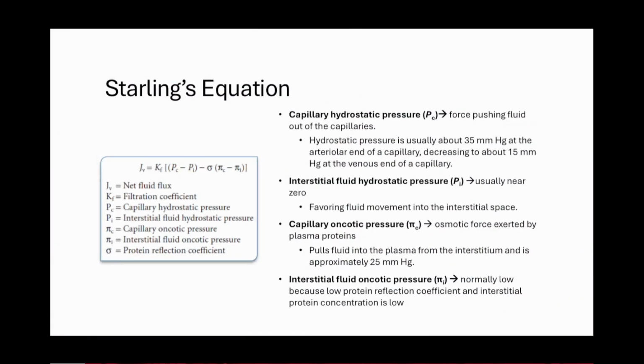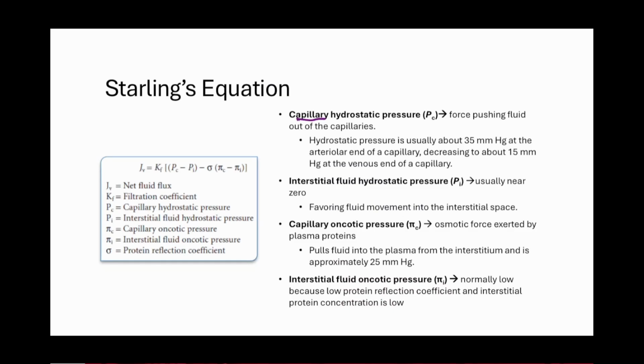So here's our Starling's equation. You don't have to memorize this equation, but it explains how we get the factors that favor filtration versus the ones that oppose it. We have four variables.